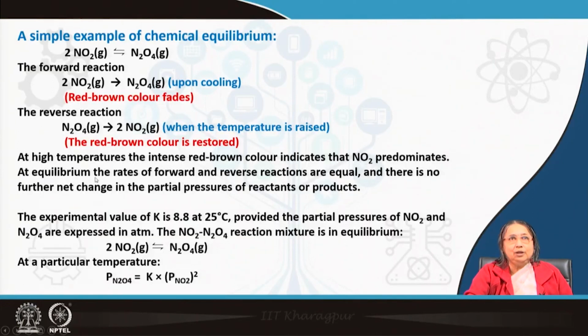At equilibrium, the rates of forward and reverse reactions are equal, and there is no further net change in the partial pressures of reactants or products. This is the equilibrium condition. And the experimental value of K is 8.8 at 25 degrees centigrade.